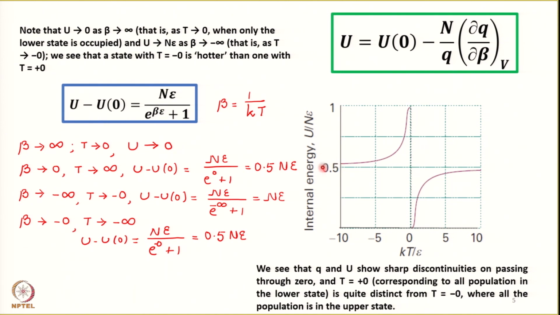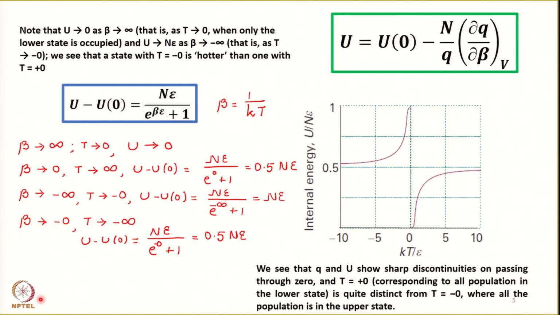That is what you see over here. So the variation is from 1 to 0.5, and here it is from 0 to 0.5. It's another way of looking at it: when the temperature becomes very high, both the states are equally likely to be populated. So the value will go from 0 to half, and U by Ne will become half.